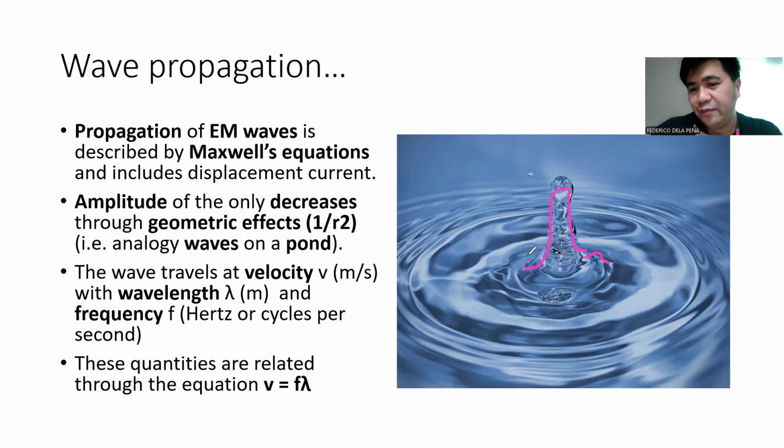And as the wave spreads out, it will gradually have a smaller and smaller amplitude, because the energy is being distributed on a bigger area. That's the geometric effect, or the effect of spreading on the amplitude of your wave.